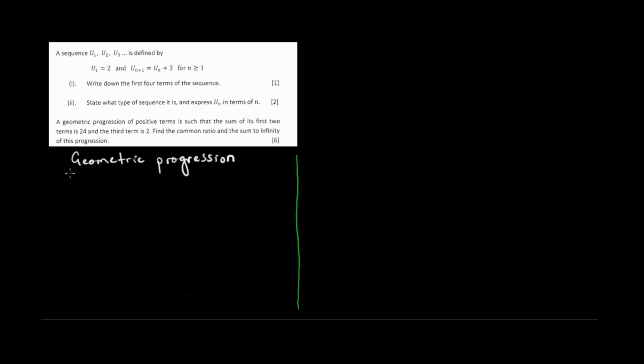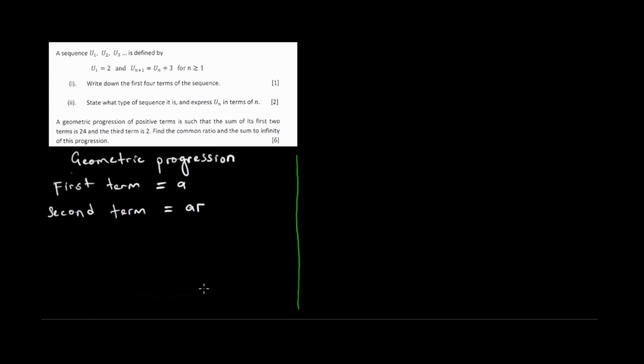Kureva kuti pano kana first term yedu iri a, zvoreva kuti second term inenge iri ar. I hope you understand panapa, because common ratio r ino multiply first term kuti itipe second term.